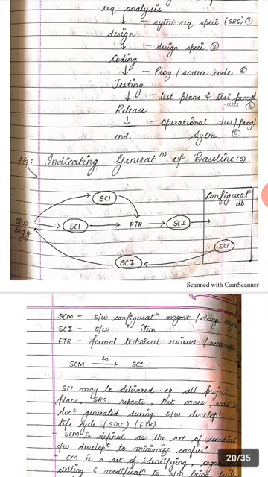This figure indicates the generations of baselines. From the left hand side, you can see software engineering gives you SCI, software configuration item. Now this software configuration item is given for FTR, that is formal technical review.